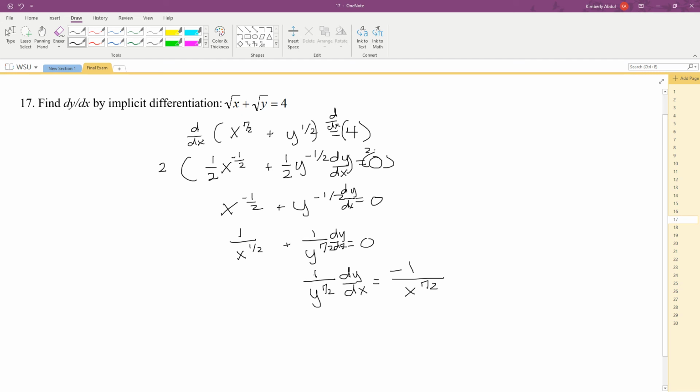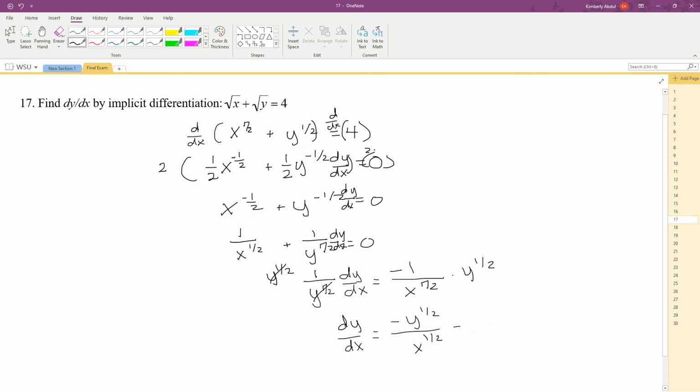Okay, I can then solve for this by multiplying both sides by y to the 1/2. So multiply both sides by y to the 1/2. This will then cancel, leaving me with dy dx, and then this will be negative y to the 1/2 over x to the 1/2.